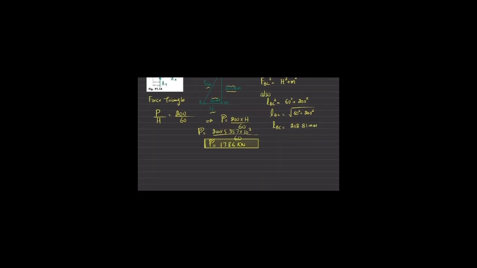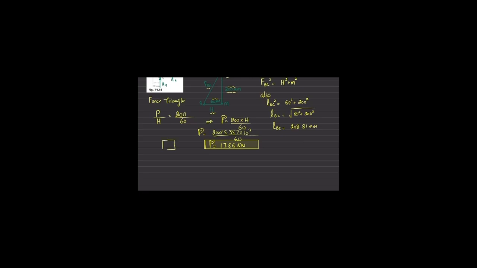Now again you can see that if you consider this piston separately, so there is horizontal force H, you have the value of P, and the reaction force will be in this direction, FBC, from this force triangle. So you will get the FBC.